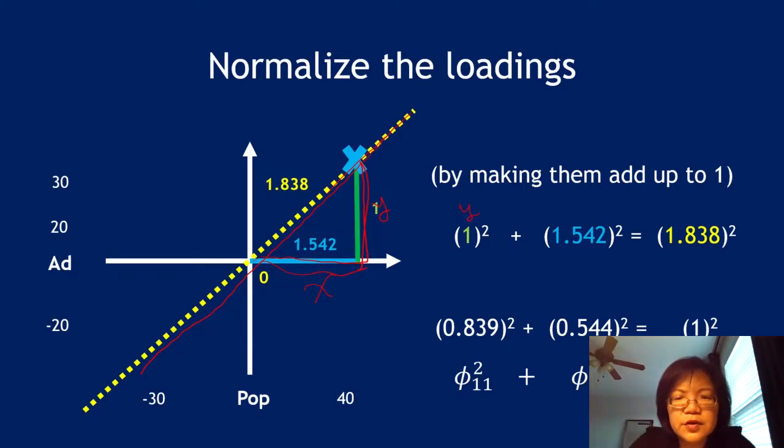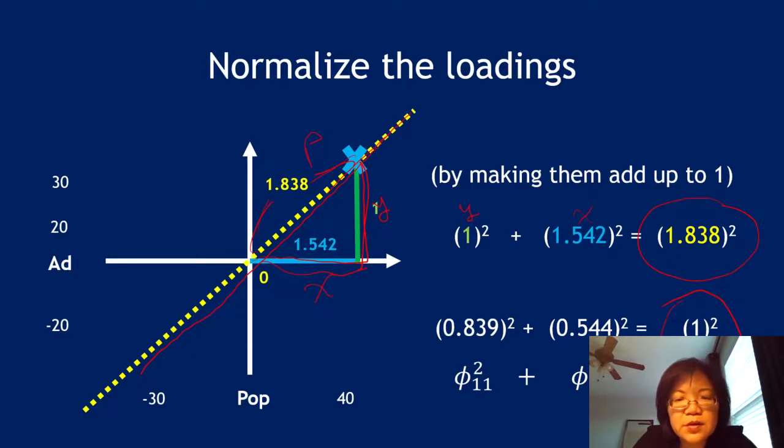I actually have it over here. And then you will have an x value over here, and they will add up to this size. Okay, so the length of this projection is 1.838. What we can do is we can standardize it, and well, we can normalize it by dividing by this value, forcing this length to be 1, and that is how we standardize it to be a singular vector with a length of 1.